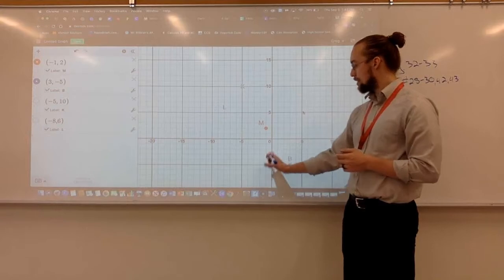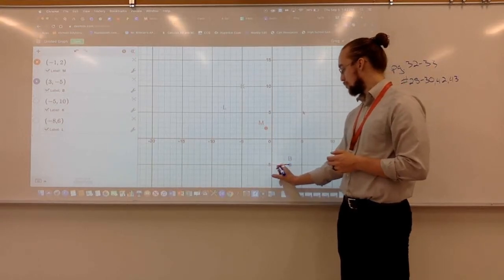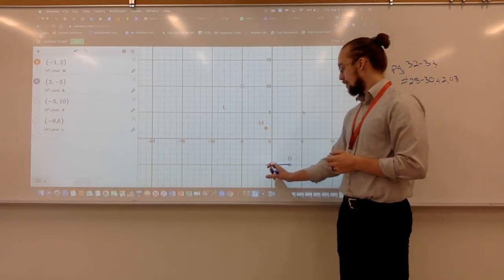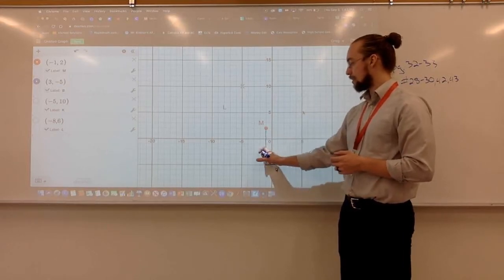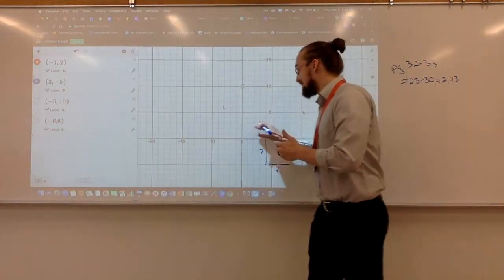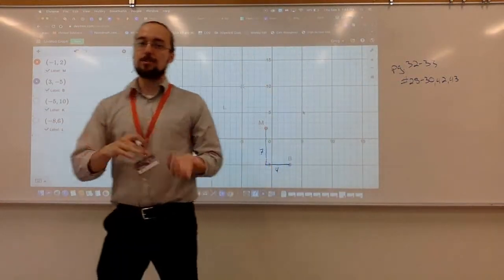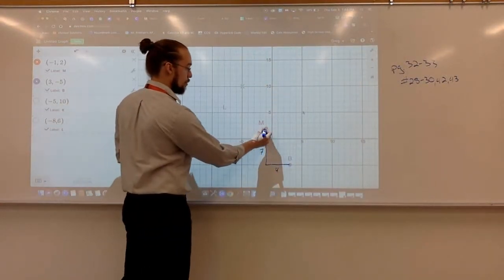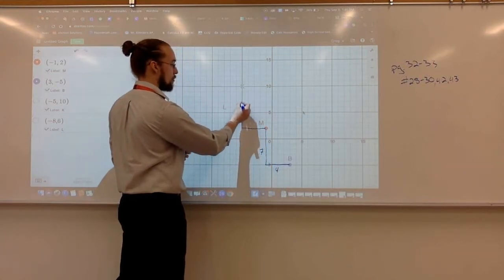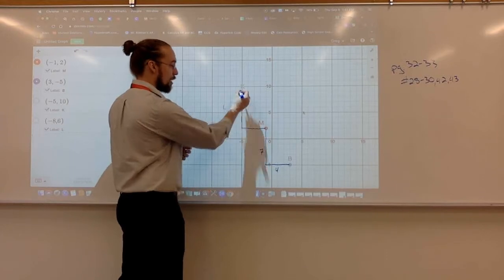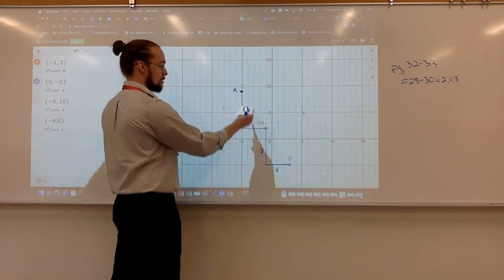From B to M, I'm going to go over 1, 2, 3, 4, and then up 1, 2, 3, 4, 5, 6, 7. I'm going to go that exact same distance again to get to the other endpoint: over 4 and up 7. And that will be where my other endpoint is.